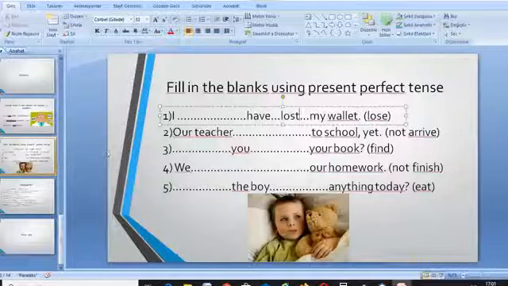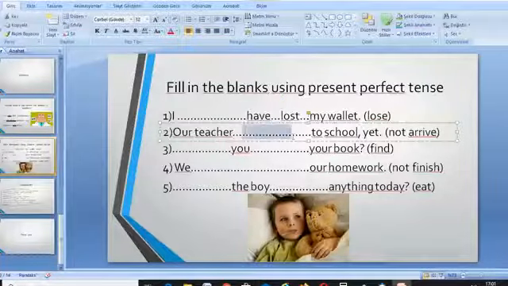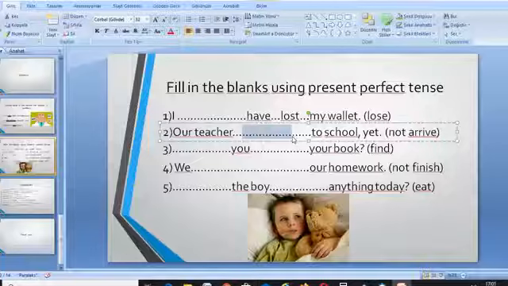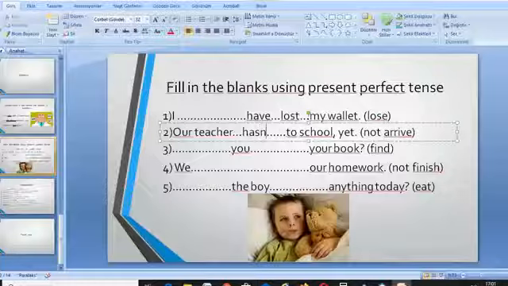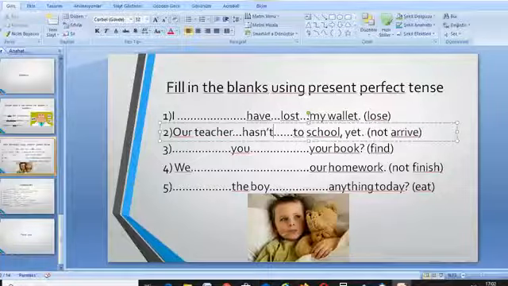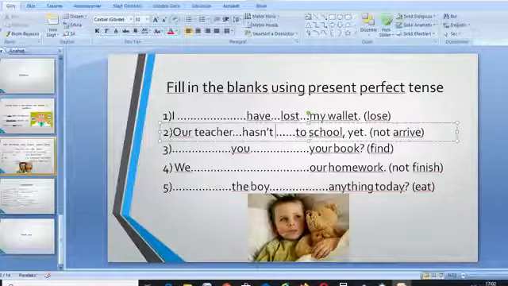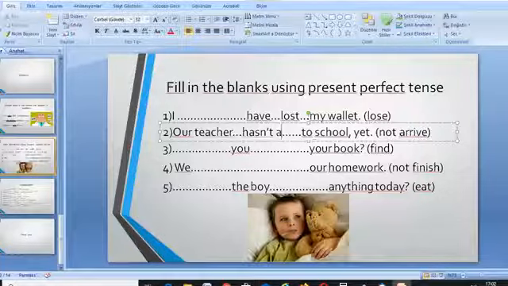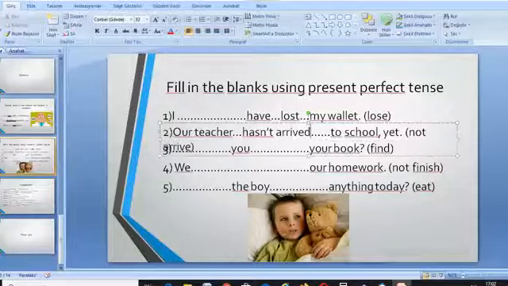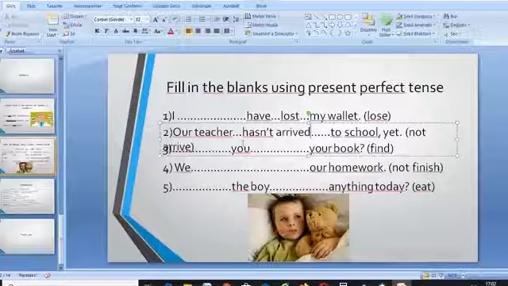I have lost my wallet. Our teacher, he. Look, it's negative, so we say has not or hasn't. And verb 3, arrive. It's a regular verb, so we say arrived.